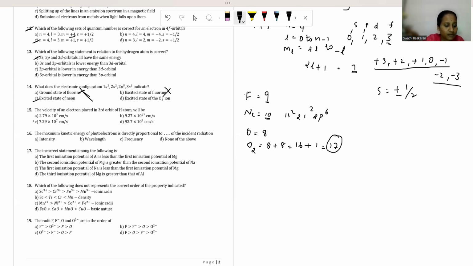Now coming to the 15th question. What is the 15th question, students? The velocity of an electron placed in third orbit of hydrogen atom will be. Once again, we have a formula here, where velocity is equal to 2.18 into 10 power 8, Z by n.